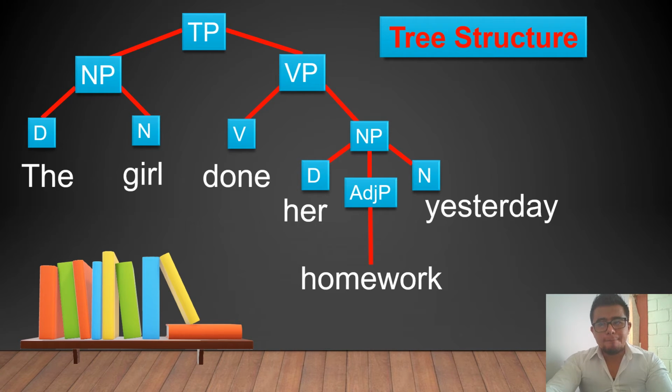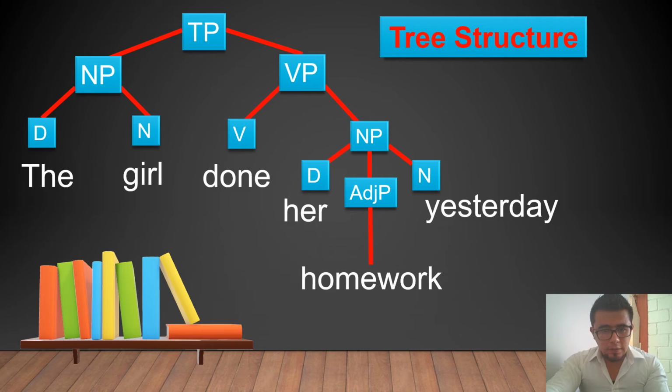So all this group, all these words, is a sentence and a constituent. A group of words that function together as a unit is a sentence and is a constituent. That is one of the most important things that syntax studies.